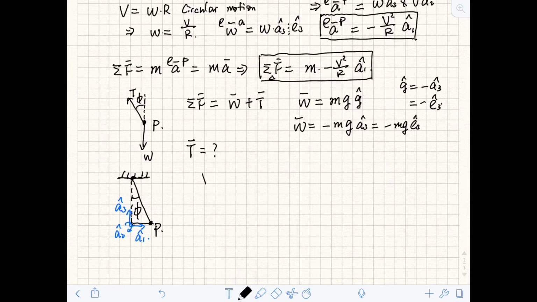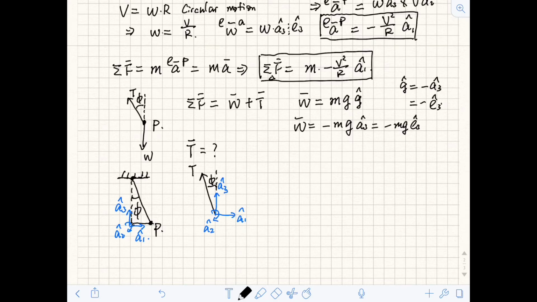So let's again draw a cleaner diagram. We have the tension force, and let's move the reference frames so that we can better represent the vectors here. And we know this angle, that's phi.